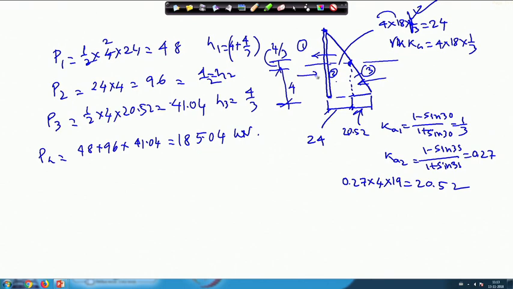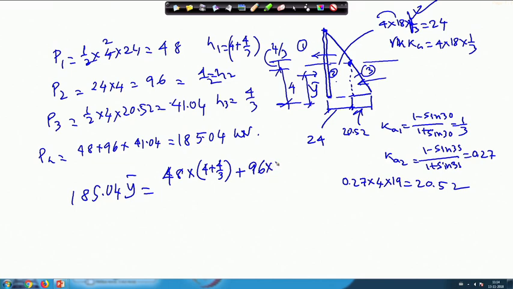Suppose the thrust is acting somewhere here and this height is y bar, then you will have 185.04 into y bar will be equal to 48 multiplied by 4 plus 4 by 3 plus 96 multiplied by 2 plus 41.04 multiplied by 4 by 3.